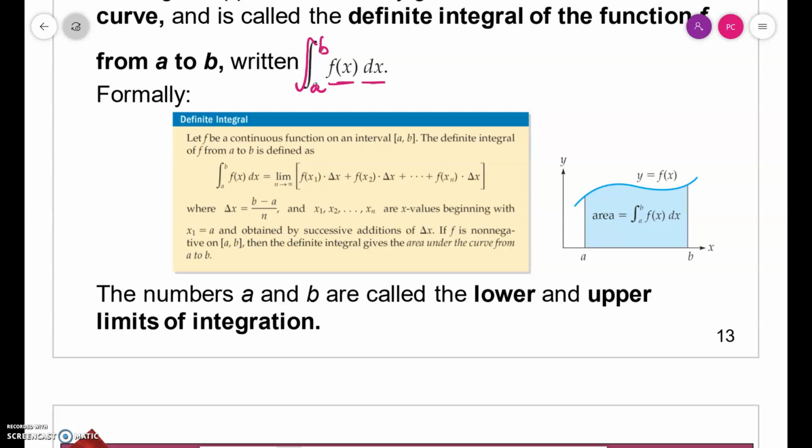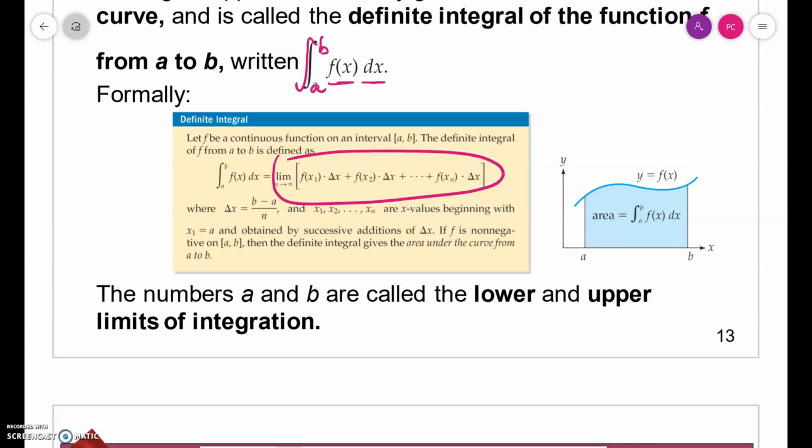It says, let f be a continuous function on an interval a to b, the definite integral of f from a to b is defined as the limit of the Riemann sum, the limit as n approaches infinity. And again, this part would be very, very tedious to do by hand, but if we use the rules of integrals that we've already learned in the first two sections, this becomes very, very fast.